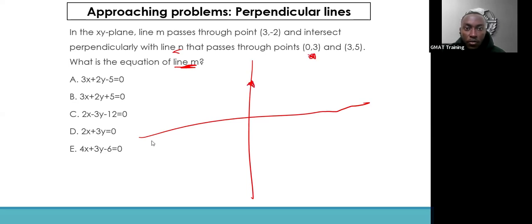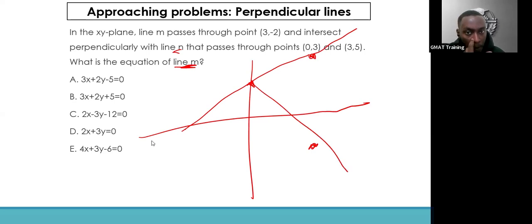So this was line N. Then you have M that passes through (3, -2), and it is perpendicular. Sorry, I need to draw this better. There we go.